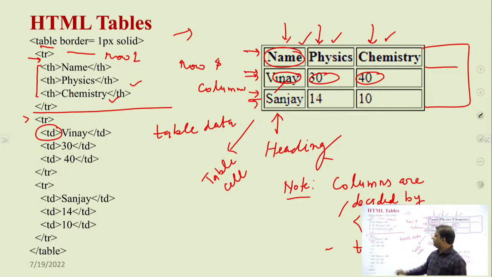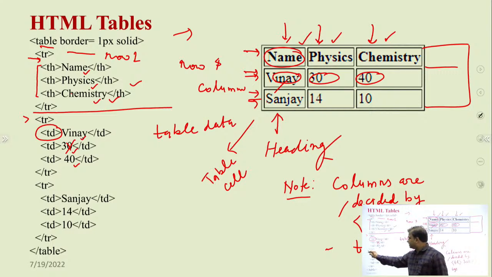The order will be the same as the table headings. The first data goes into the first heading, that is name, second is physics, suppose this is 30 marks, and this is chemistry, so 40 marks. If you want to make it blank, do not write any value, but you have to write the table data tag and keep it empty, then there will be no value here.